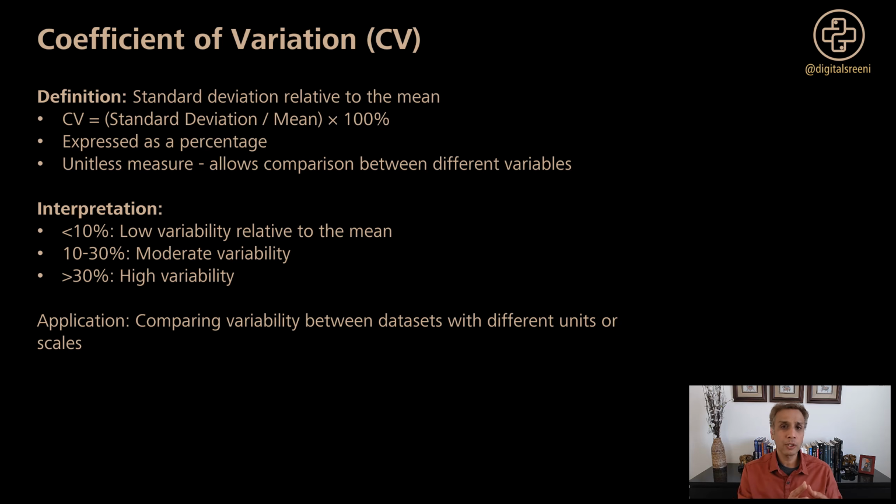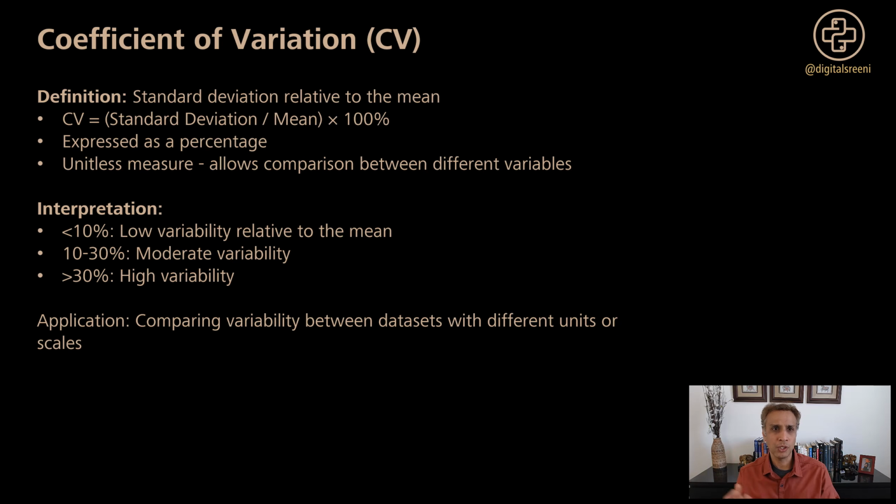It's very useful for comparing different variables. In one case, you have, for example, age, which goes from 25 to 75. In another case, let's say you have the radius of a tumor that you're measuring. How can you compare age versus radius? Radius is probably in microns or maybe millimeters, and you have age in years.